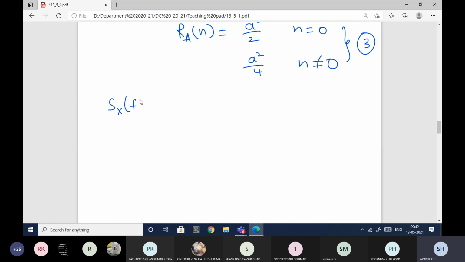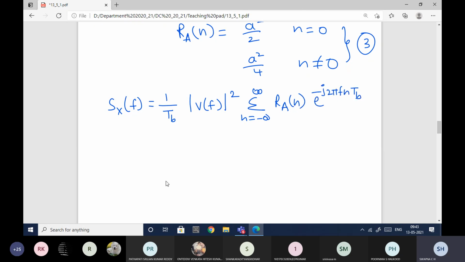Otherwise, Sx of f is equal to 1 by TB, I'm taking the original equation which I have, equation 1, summation n is equal to minus infinity to plus infinity Ra of n e power minus j 2 pi f n TB. Now I'll substitute everything here. So 1 by TB mod V of f whole square into, I'll divide this.